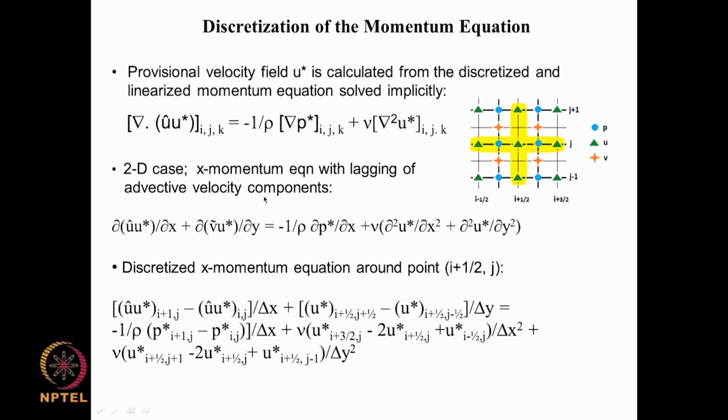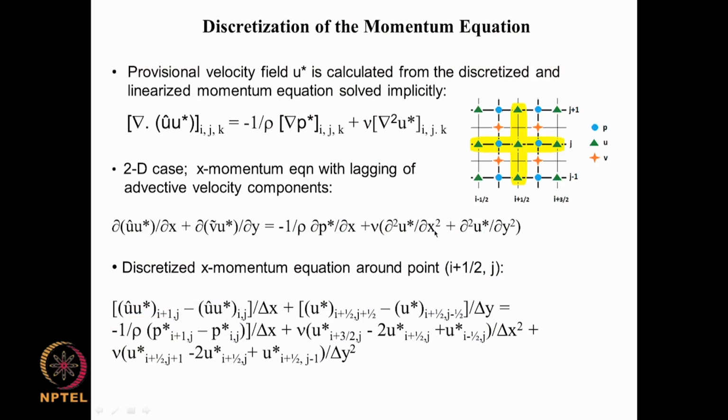This equation here is discretized as per our template, and our template says that the advection terms must be done using the upwind method, and the diffusion term must be done using the central method.